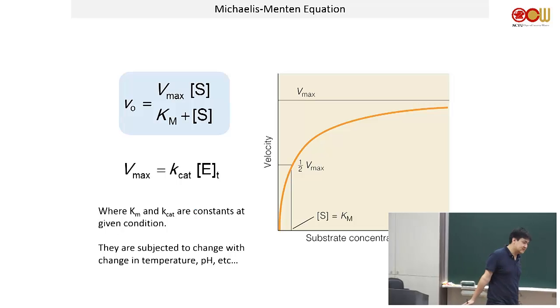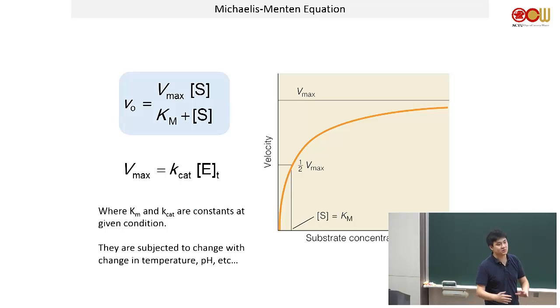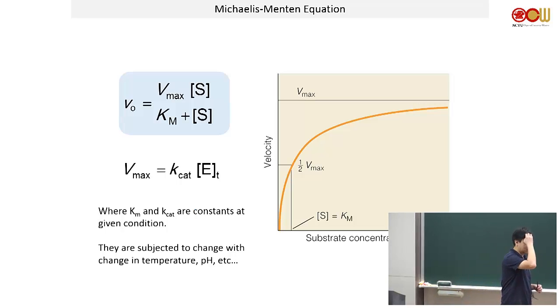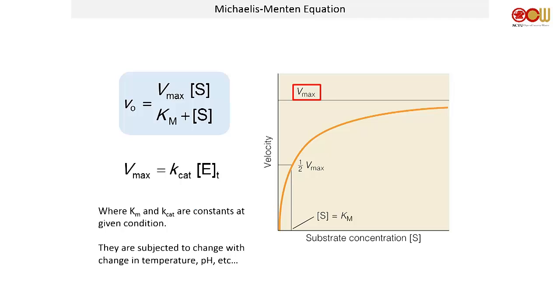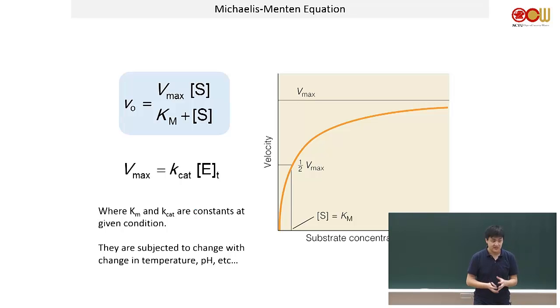Just memorize this. You're going to use this throughout your career if you stay in the realm of biochemistry or biotechnology. The rate of the reaction is equal to Vmax, the maximum velocity, and Vmax is dependent on Kcat of the enzyme. Kcat is a constant, a characteristic of the enzyme, times total enzyme.